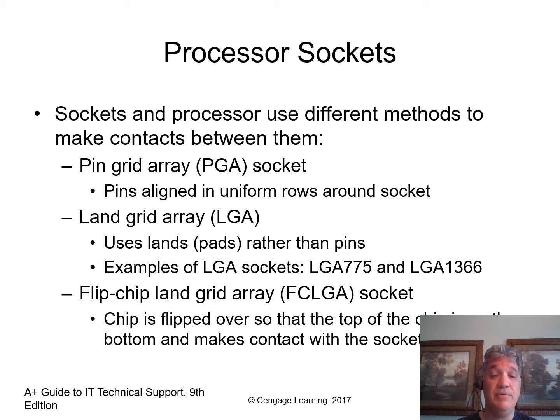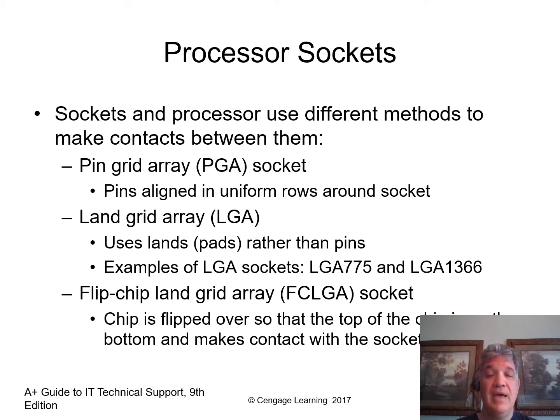Whether the pins are on the CPU or on the socket, you could drop the CPU and bend them. If you're lucky, you'll see an error right away, but if you're not, you're likely to miss it and end up with intermittent errors. So the more recent forms of the LGA have a cover, so that when the CPU is removed and the socket is open, the pins are hidden.